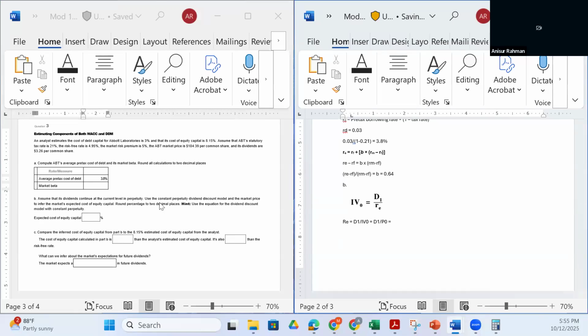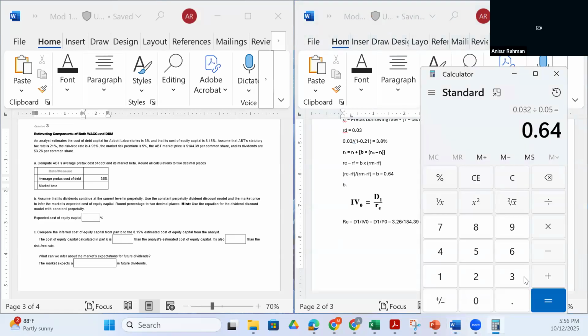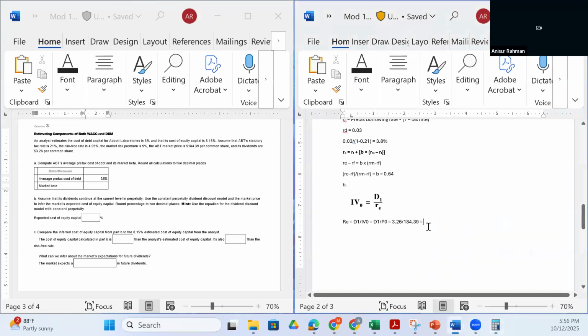So our D1 is $3.26 divided by the market price, 184.39. So that is 1.77%.